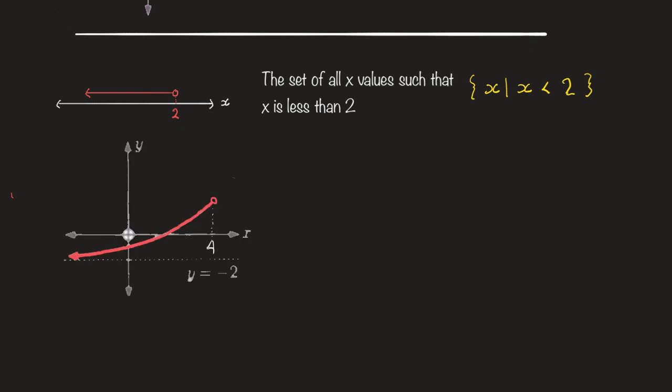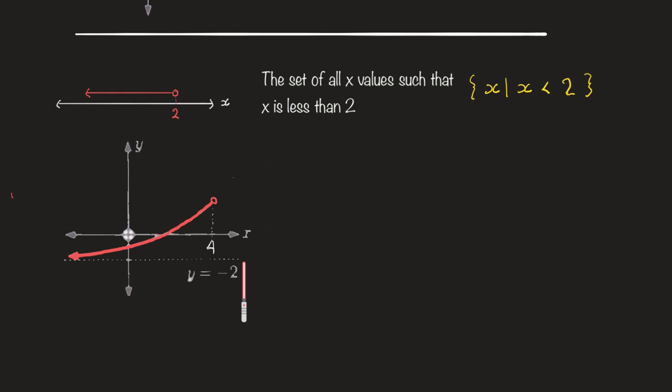In this example, our open dot is here on 4, and our x values therefore are all less than 4, not including the 4. There is another dotted line over here which says y is equal to -2.